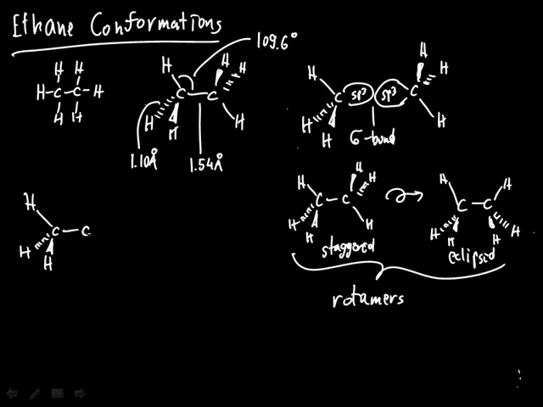So if we look at this structure, imagine that we're looking from here down along the CC bond axis. What we'll see is the first carbon in front of us, and we'll see 3 hydrogens in this arrangement. But in the back, we will see that this back hydrogen is in between the 2 hydrogens on the front.